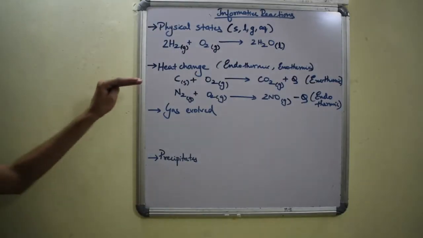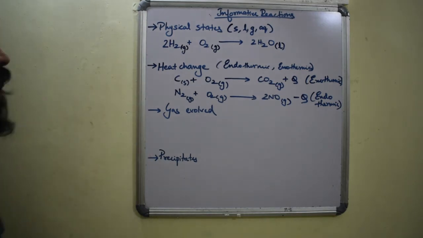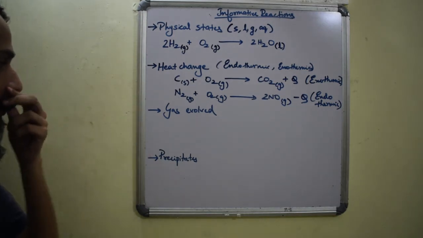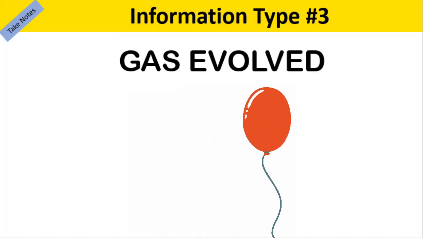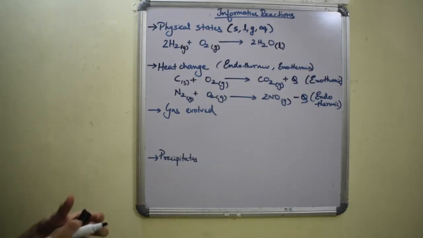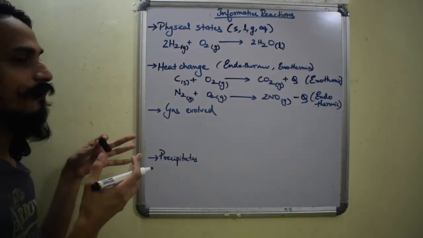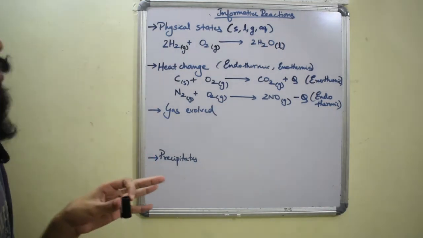Now, this is the second one. Third one is gases evolved. So sometimes when we do a reaction, a gas will be created. Like we saw how metals and acids will give me a gas.